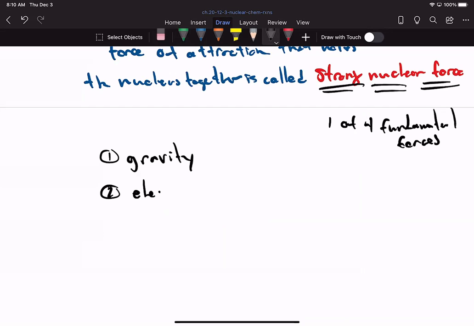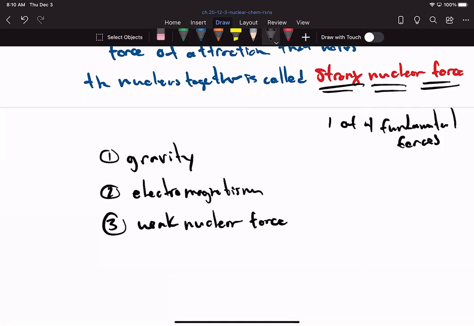Another one is electromagnetism. Another one is weak nuclear force. And then the fourth one is what we consider the strong nuclear force.